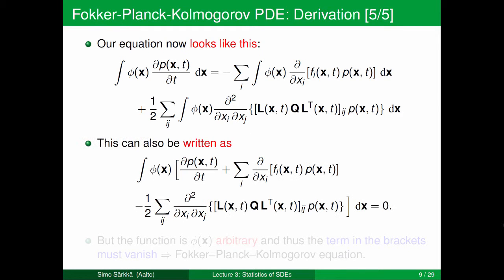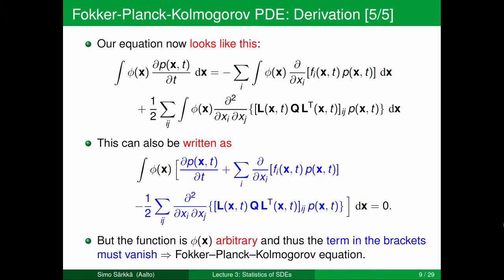And now we can combine all the integrals and take phi out, which allows us to rewrite this equation like this. So the integral of phi of x times a term in the brackets, which is the partial derivative of p with respect to t, plus partial derivatives of fi p minus half times the second partial derivatives of LQ, L transpose p, and the integral over x should be 0.